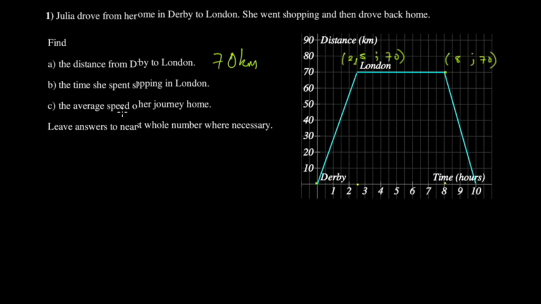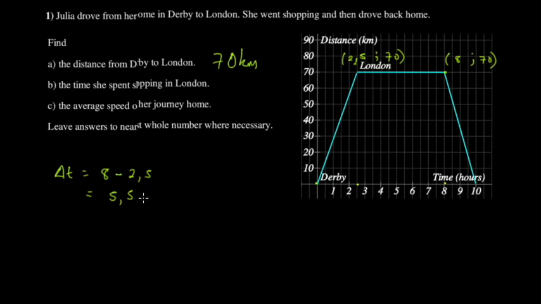To get the time she spent in London, we take the difference on the x-axis, because the horizontal axis is the time axis. So delta t, which means change in time, is equal to 8 minus 2.5, which gives 5.5.